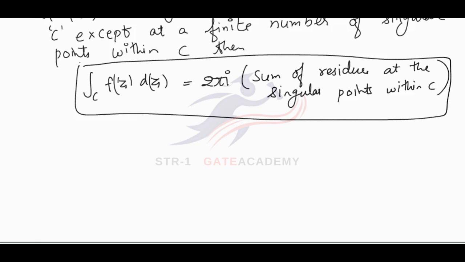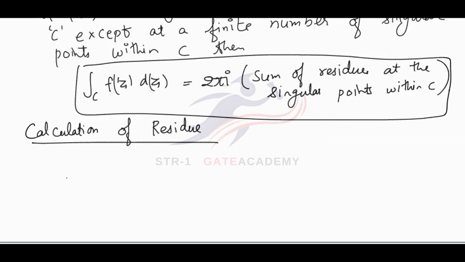Now how to calculate the residue? Very important for you to understand. Calculation of residue. Residues can be calculated very easily. It is basically when you have a simple pole.